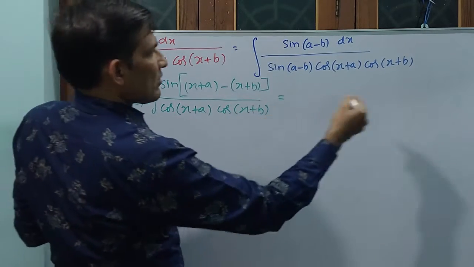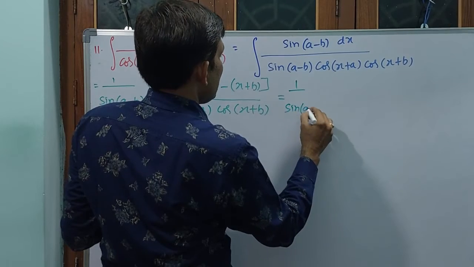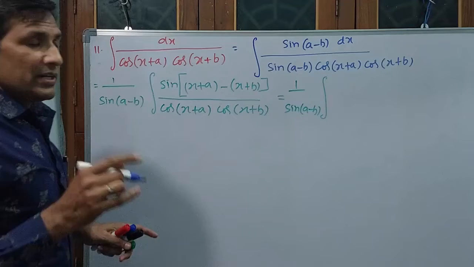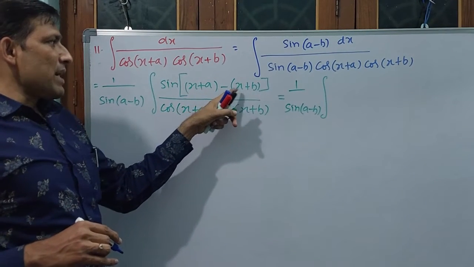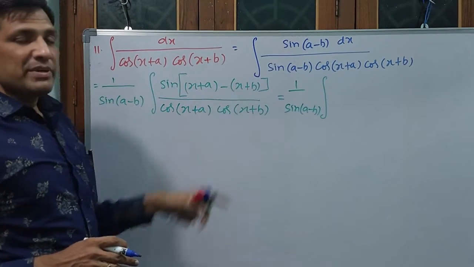Okay, shall we get space? Okay, let it be 1 by sin of a minus b integral, see here, sin of x plus a minus x plus b. Now you consider x plus a as a, x plus b as b.